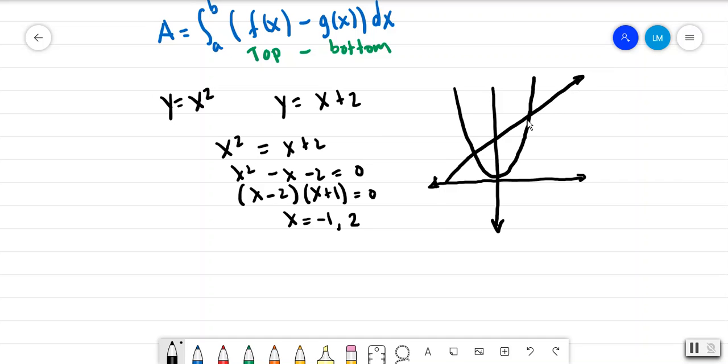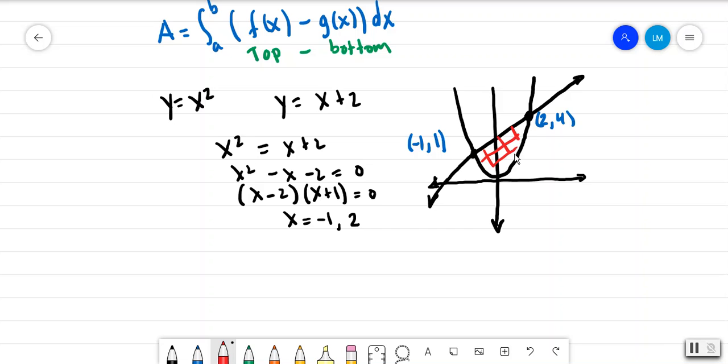So this function goes like that, and the points of intersection are right there and right there. If you want to write those in, that would be -1, 1, and this would be 2, 4. Now that means the region that's bounded by the curves is right here.